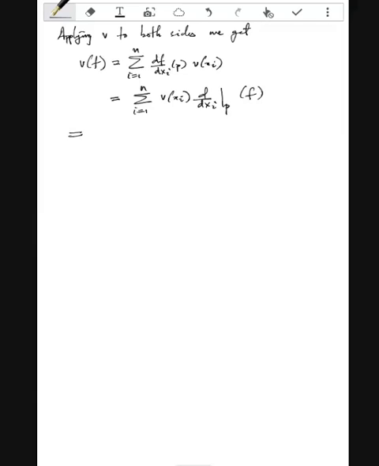So this shows that V is equal to summation i equal to 1 to n V of xi into d by dxi at p. So this proves the lemma.